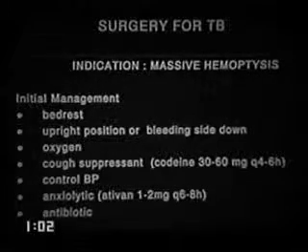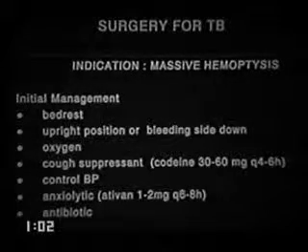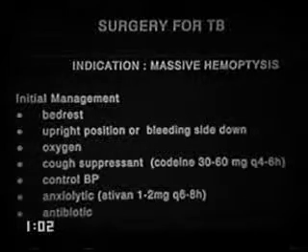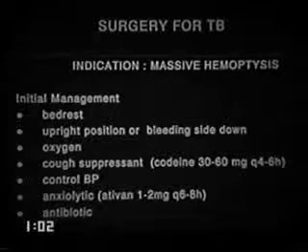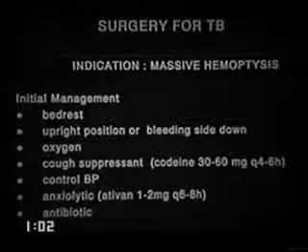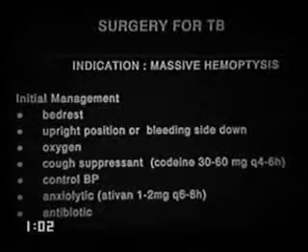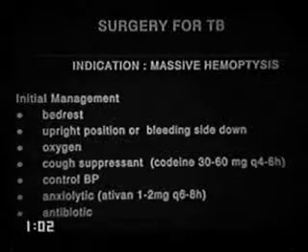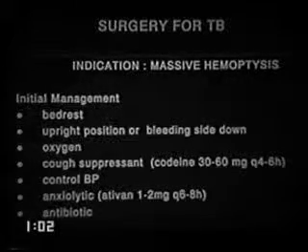It's usually upper lobe disease, as I'm sure you're well aware. Oxygen therapy, of course, is always nice to consider, as well as a cough suppressant. Control the systemic blood pressure, because it's usually from systemic vessels, so you'd want to eliminate any hypertension. An anxiolytic, because people get anxious when they start to cough up bright red blood. And antibiotic therapy, because of the possibility and probability, in fact, of a coexisting bacterial infection, which is helping this event to propagate.